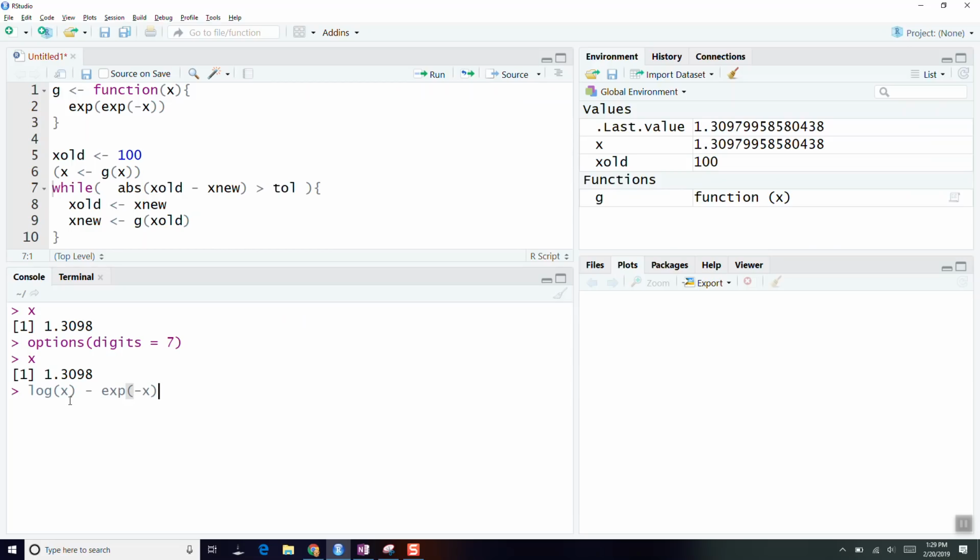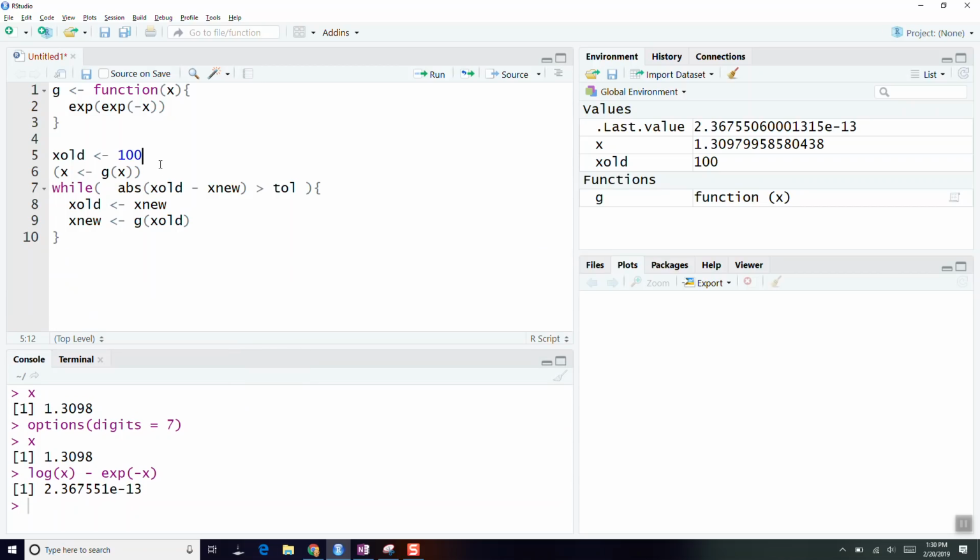And we should get something that's 0, because it's supposed to be a root of this function. And when we plug it in, indeed, we get basically 0, okay? Something times 10 to the negative 13. Okay, so we have been successful in finding a root of f of x by finding a fixed point of g of x, okay?